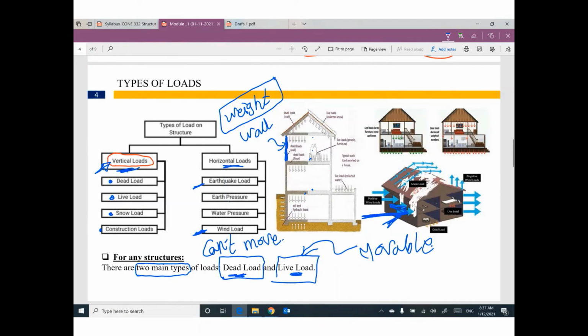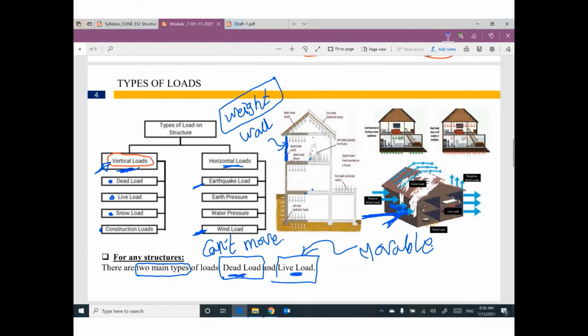So if you understand this difference, you can understand the type of any load around yourself. If your load can be moved, it's live load. If the load cannot be moved, it's dead load.